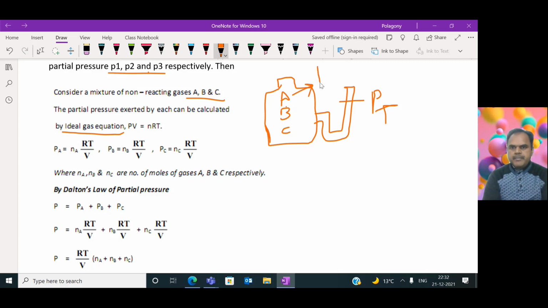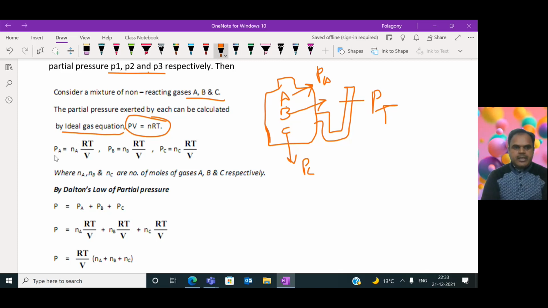But inside the cylinder, each gas has its own partial pressure. One is PA, the partial pressure exerted by the A component, another is PB, and the other one is PC, the partial pressure applied by the C component. Here we use the ideal gas equation PV equals nRT to get the partial pressures of the gases.